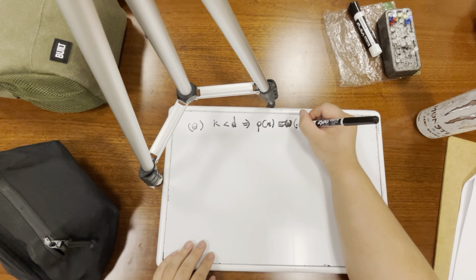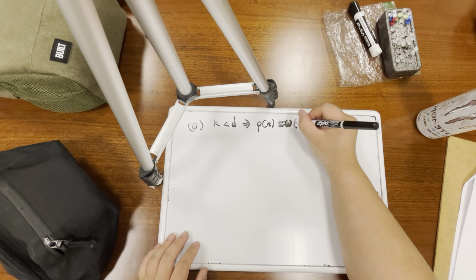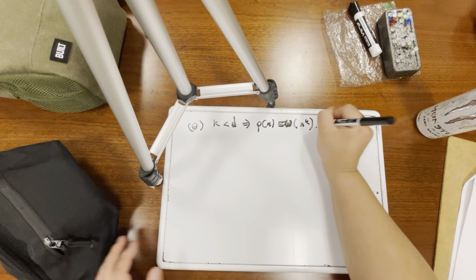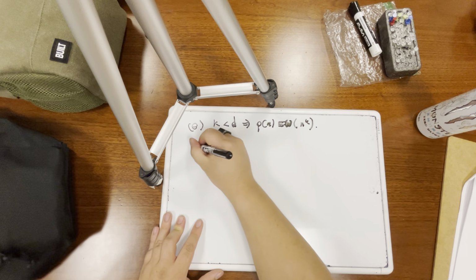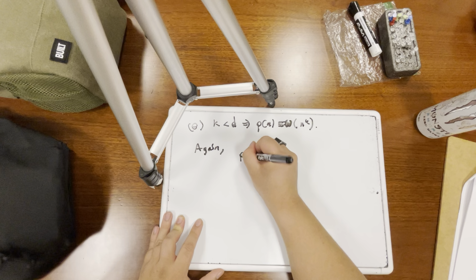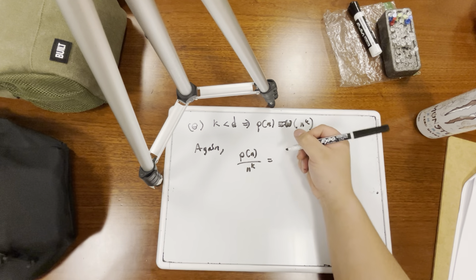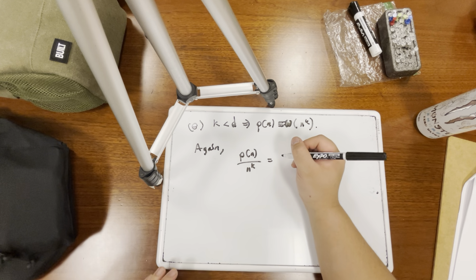But anyhow, k is less than d. That implies P of n is equal to little omega of n to the k. That's what we want to show. Again, we'll use this sort of squeezing mechanism: if you can get the difference to be greater than 0 or less than 0, then you can say quite a bit.